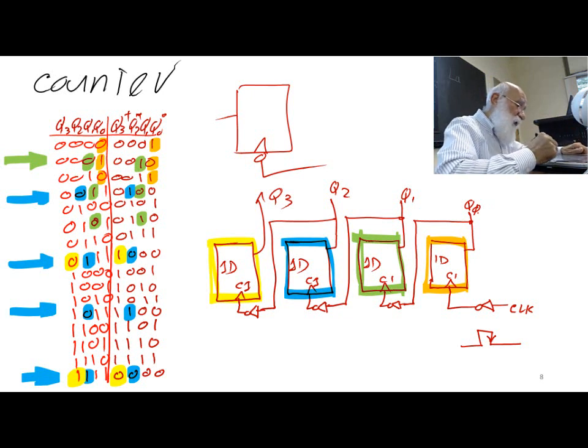But let me show you one situation here where you have a clock.